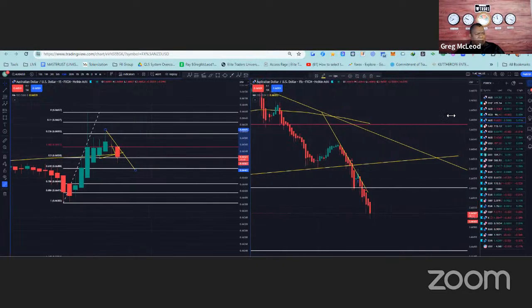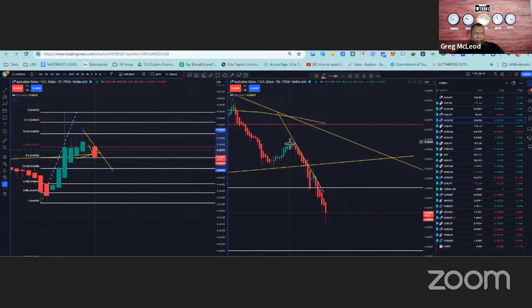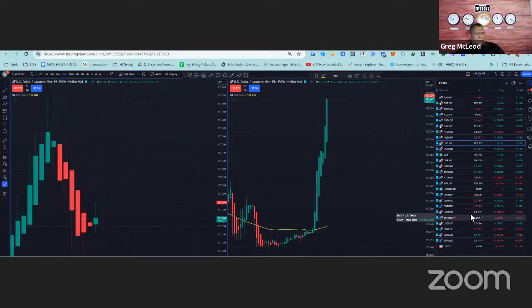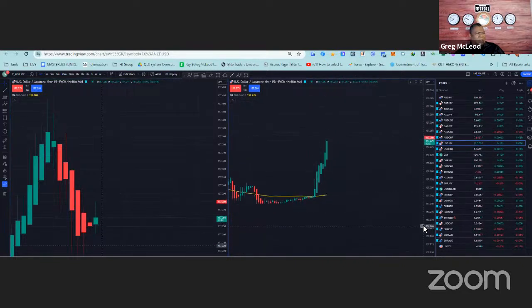Let's short, very interesting, very crazy counter trend. So dollar yen. There we go. That's something, right? That's something.